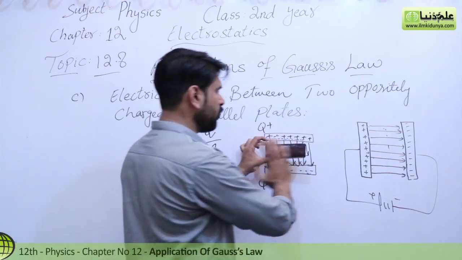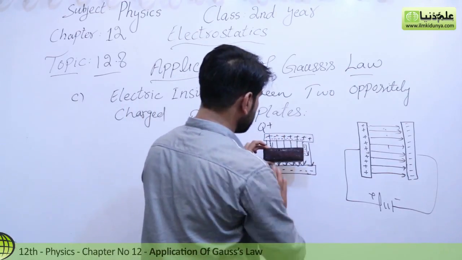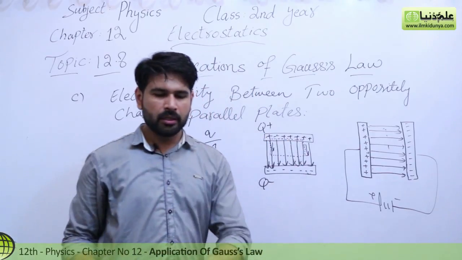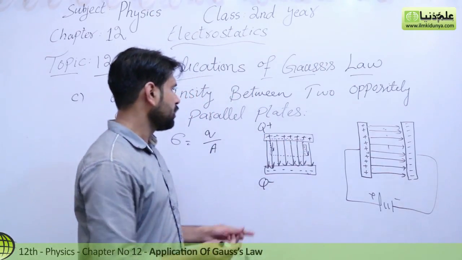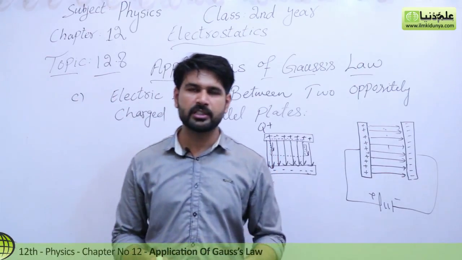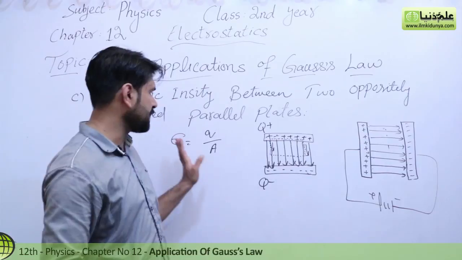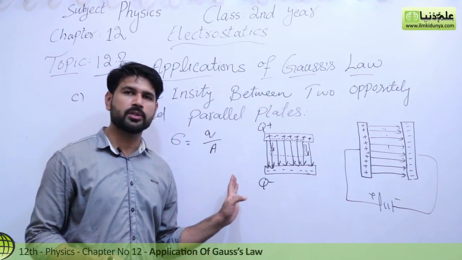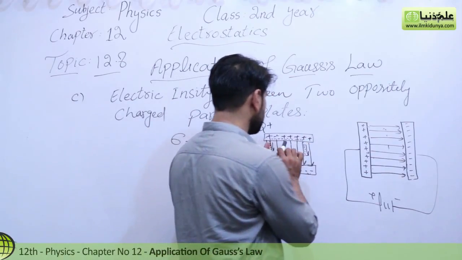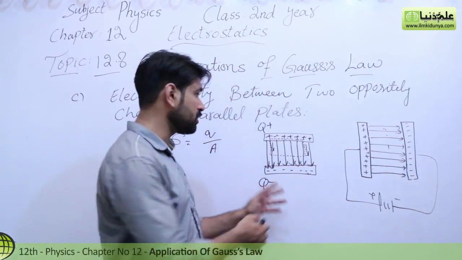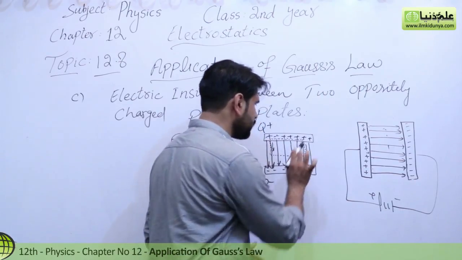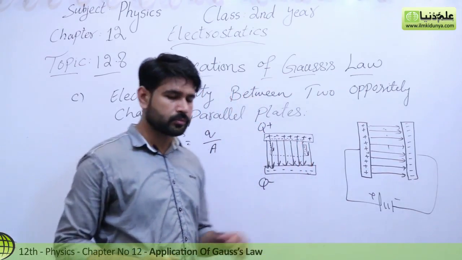So no field passes through them, but only this portion area contains the total field. According to the last application, which is due to an infinite charge sheet, we suppose an electric charge density. The field is produced due to the charges at the outer edges of the metallic plates.